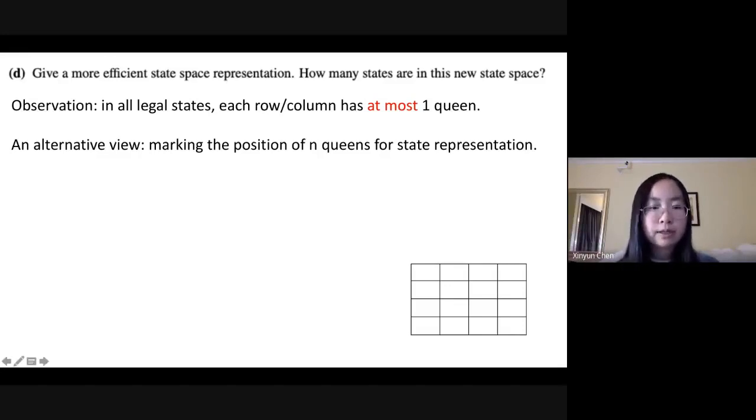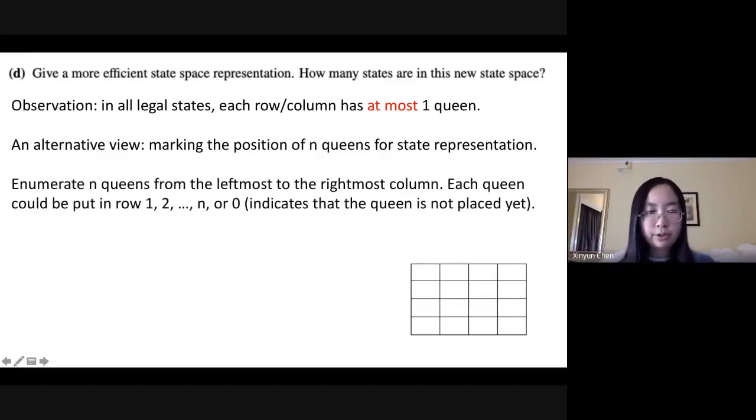So what do I mean by this? Instead of putting n queens in an arbitrary order, we can put the n queens from the leftmost to the rightmost column. So for the first step, we will put one queen in the first column, and then we will proceed to put queens to the right of the current queen.